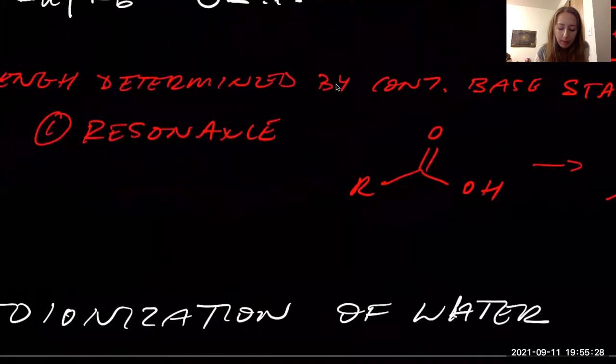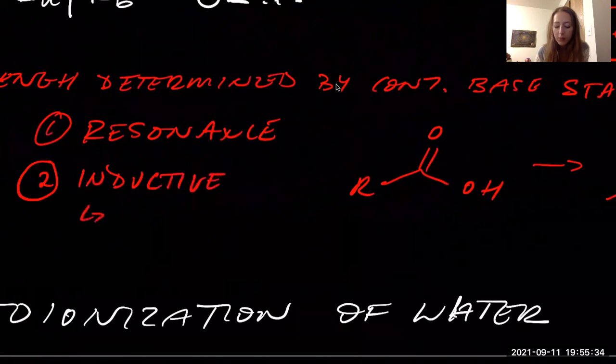So resonance. Okay, and then the next one would be the inductive effect. When the inductive effect, that just means having those electronegative groups. Okay, fluorine, bromine, chlorine, iodine will act as a support and again stabilize that conjugate base. So with those electronegative atoms, we want to remember the closer the better, so proximity.